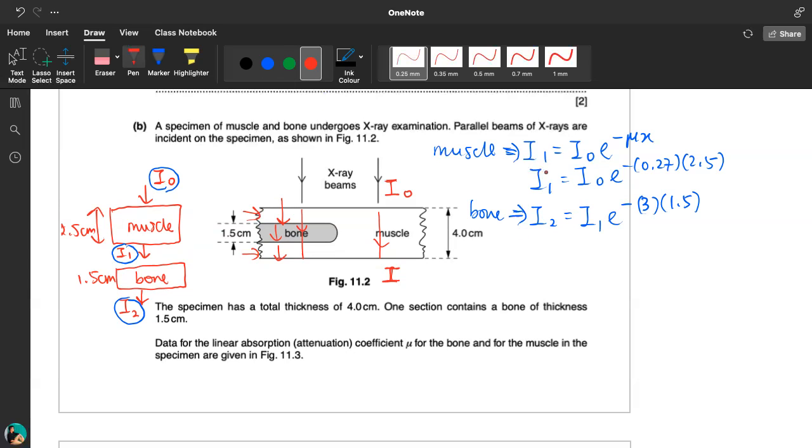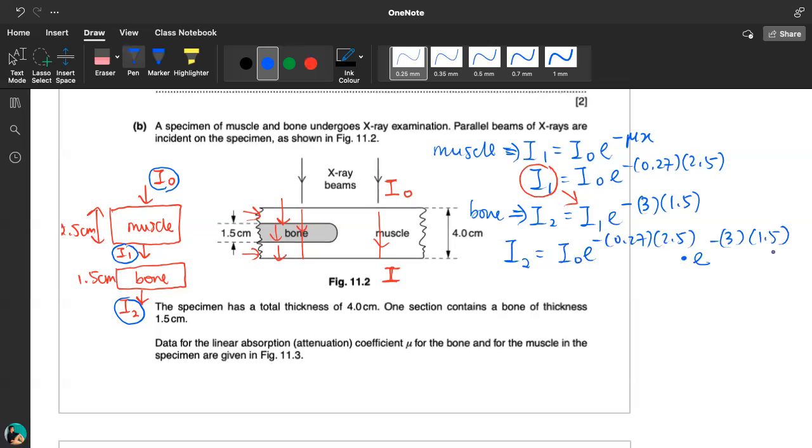Then we put this one inside here. I2 is I naught e to the minus 0.27 times 2.5, and then times e to the minus 3 times 1.5, like this. So this whole thing is the one that I substitute inside here.